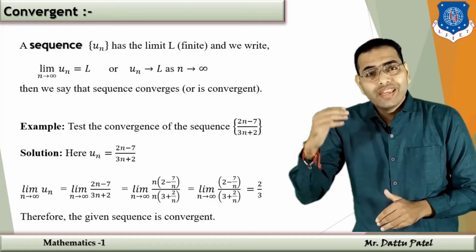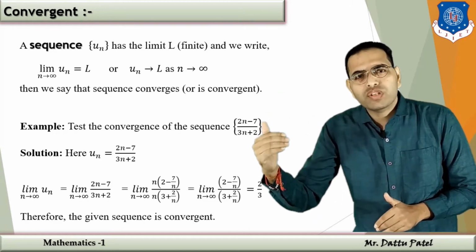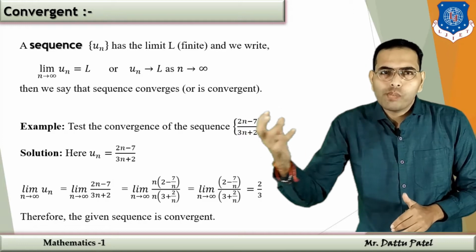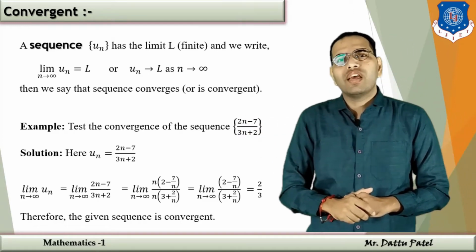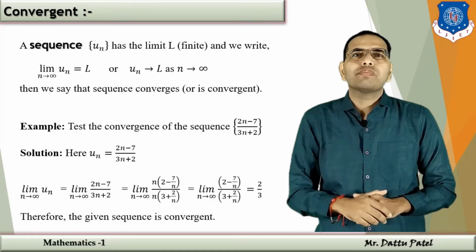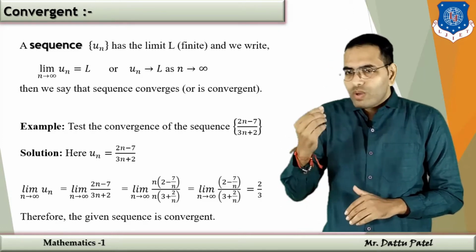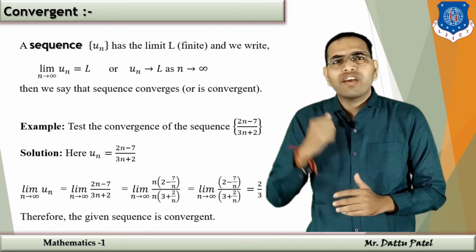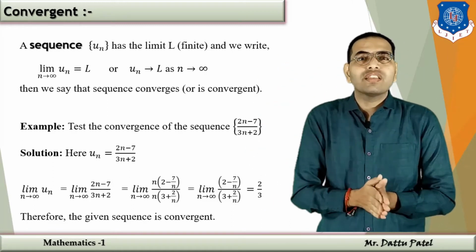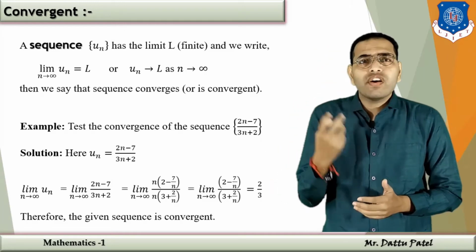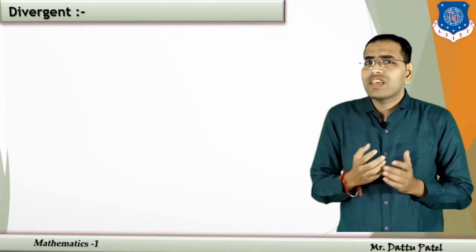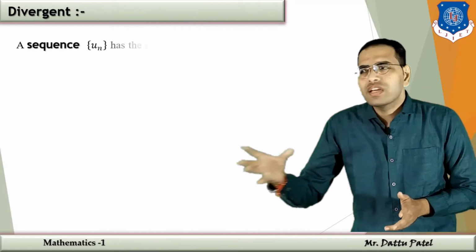Here, in the numerator and denominator, we take n common and cancel it out, so we get limit n tends to infinity (2 minus 7 by n) upon (3 plus 2 by n). Now substituting n as infinity, anything upon infinity is 0, so we get 2 by 3, which is finite. If our limit is finite, then we can say that the given sequence is convergent.